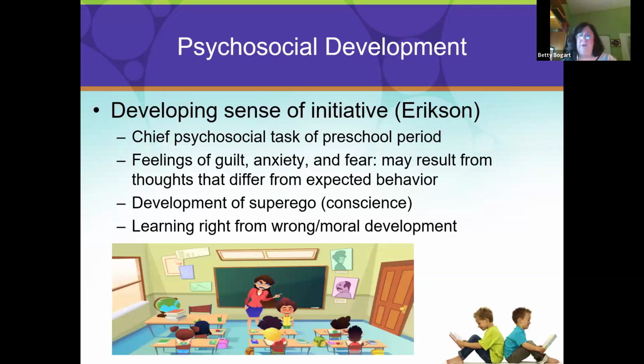So when we talk about Erikson, we talk about a sense of initiative. And that sense of initiative is doing things. These kids want to please. They are pleasers. They want to help mommy set the table and do good. Simple tasks. These kids are great at, whether it's putting their clothes in the hamper or putting their shoes where they belong or putting their dishes in the sink.